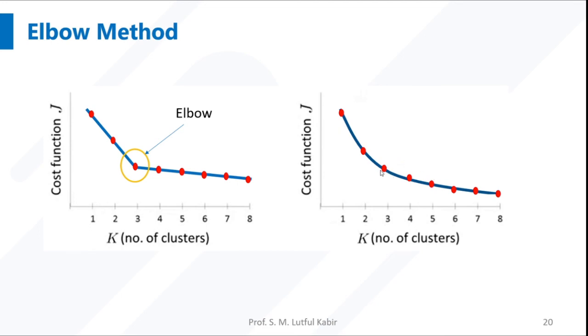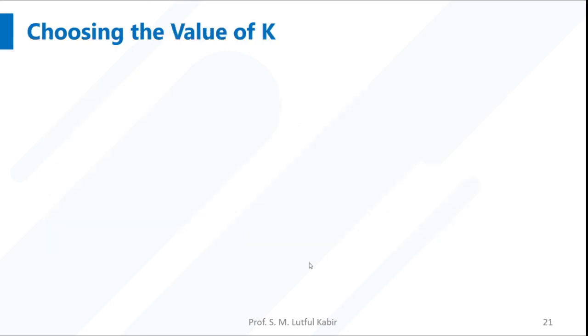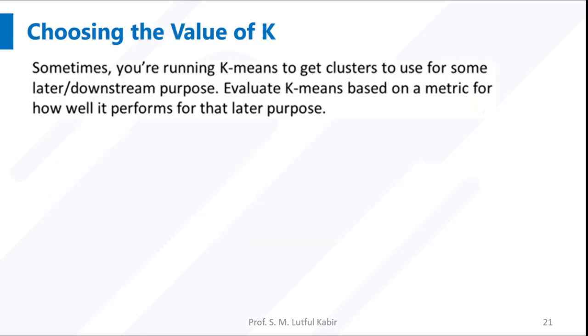So in this case, 3 is okay, 4 is also okay. In that case, you don't have any particular choice like this one. You can choose either 3 or 4 or 5, etc. So this is the way to choose k.